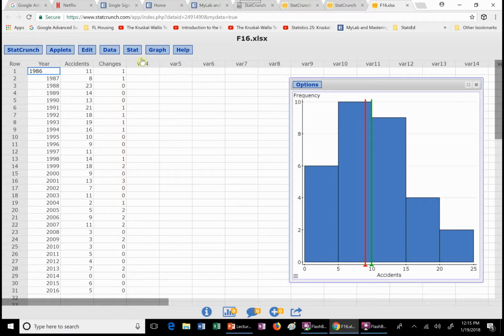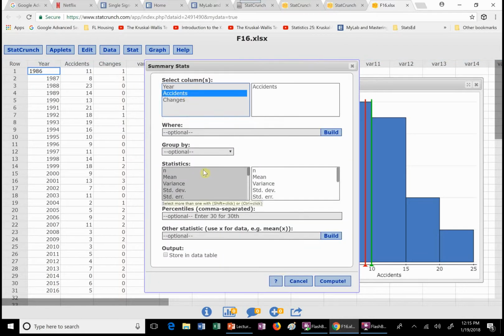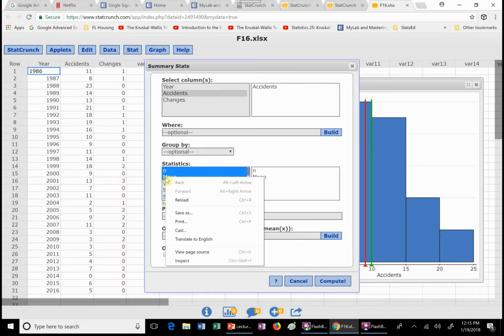Now, how do we actually compute these things? Suppose I want to know the actual number. So we go to Stats, Summary Stats, and I want to compute the statistics for the data that's in one column. I'm going to choose accidents. And I'm going to compute the sample size and the mean.